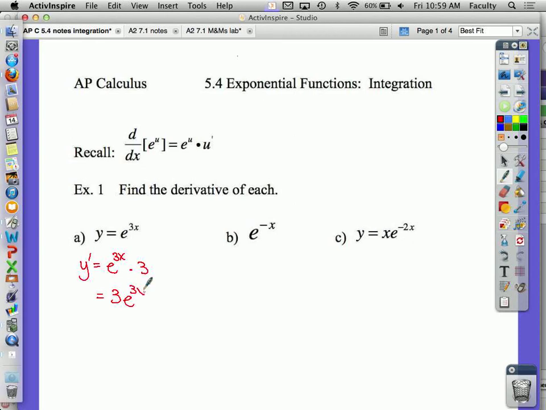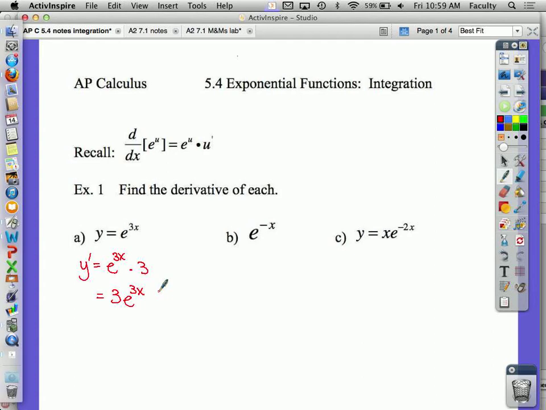The other thing, do not forget to write y prime or dy dx, because if you go from y equals and all you do is write that down, it would be marked wrong on a free response because you have no indication that you did a derivative, okay?